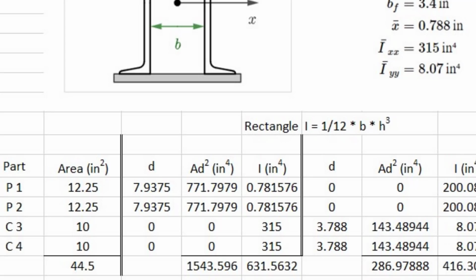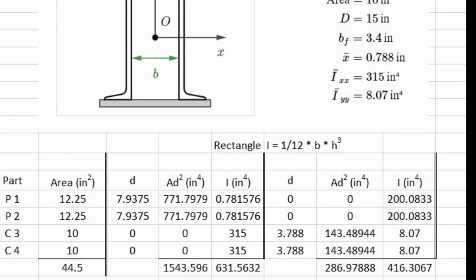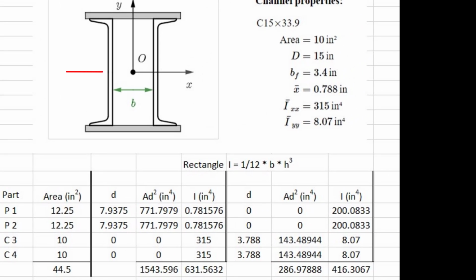So now I'm going to focus on determining the moment of inertia about the x-axis. So we're just concerned with where that centroid is located for the individual part off of that neutral axis, which is the x-axis. So if we look at what we call the D for it, on the plates, they're going to be from the centroid of that plate to the origin there.